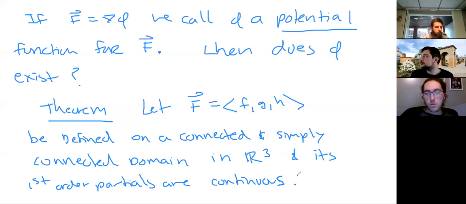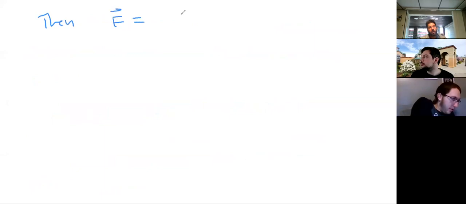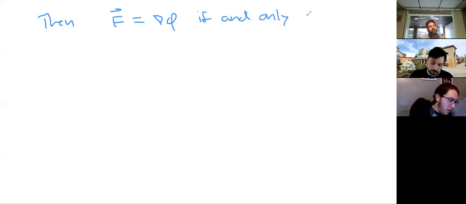Okay, now here's the statement. Then F is conservative, or F equals some gradient of a scalar field, if and only if the following is true.